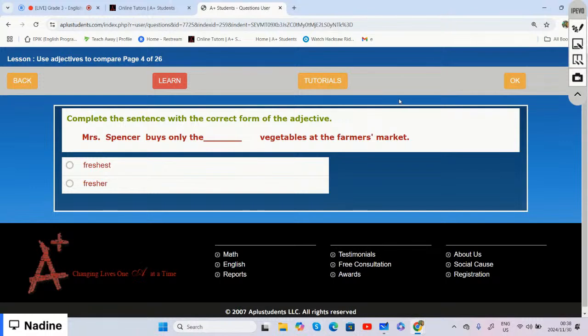So do we say it's the freshest vegetables or the fresher vegetables?